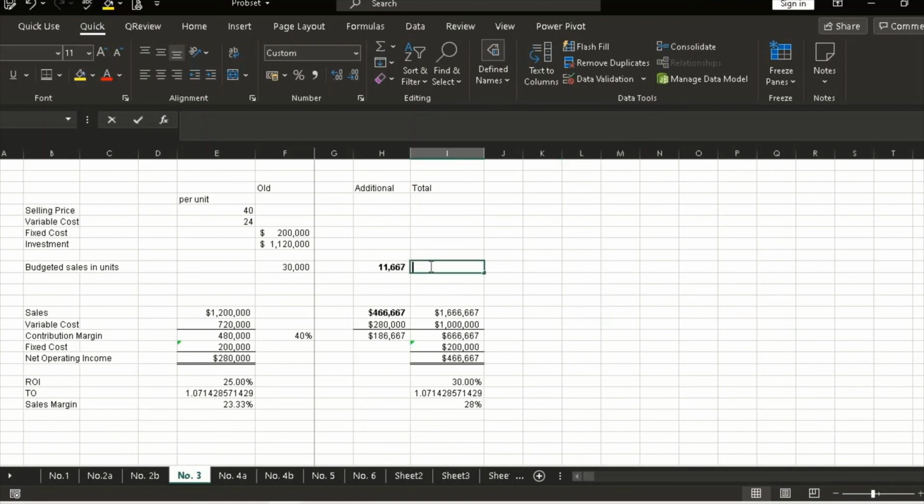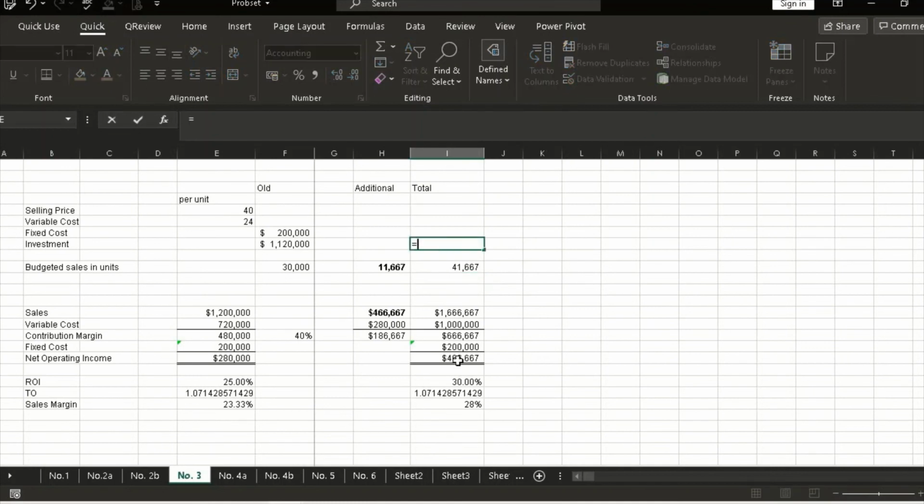The total budgeted sales, we're just going to add 30,000 to the additional sales of 11,667. And to get the total investment, we are just going to divide the net operating income by the return on investment.